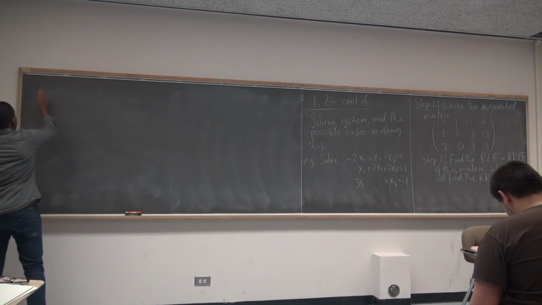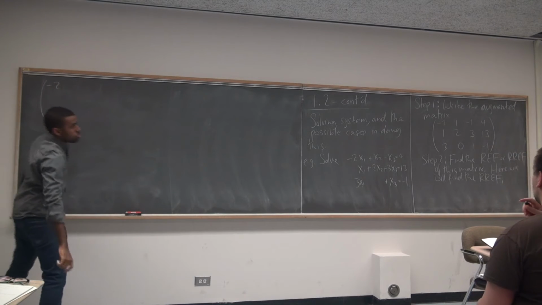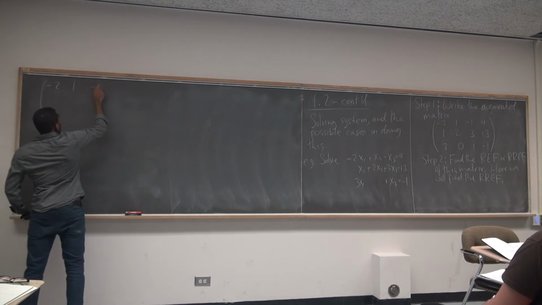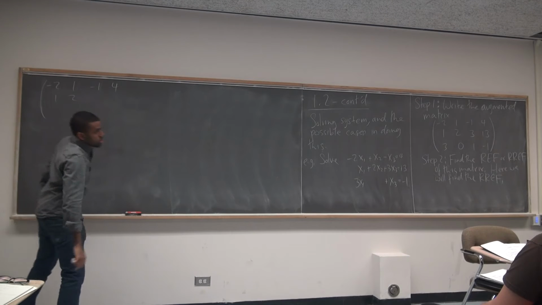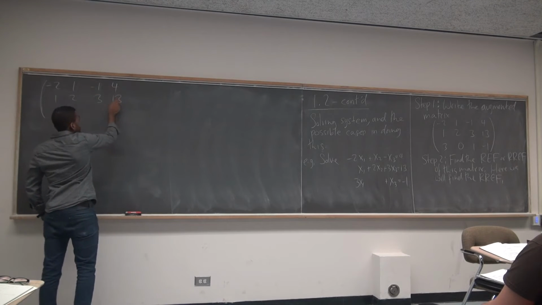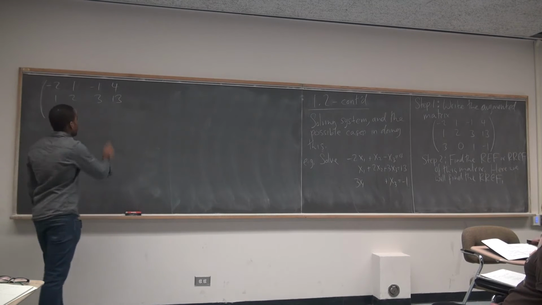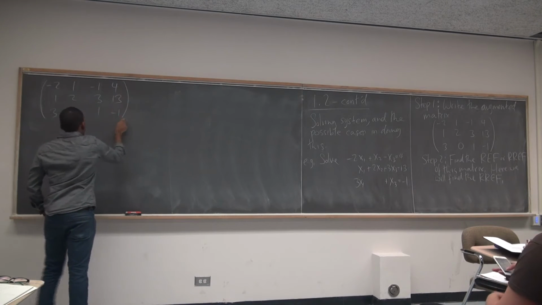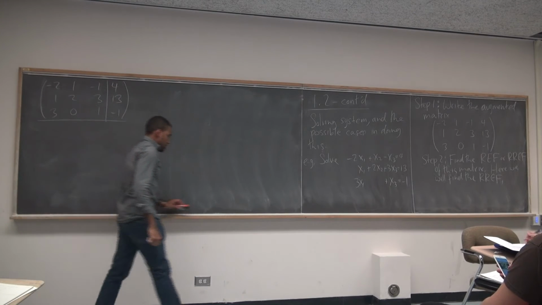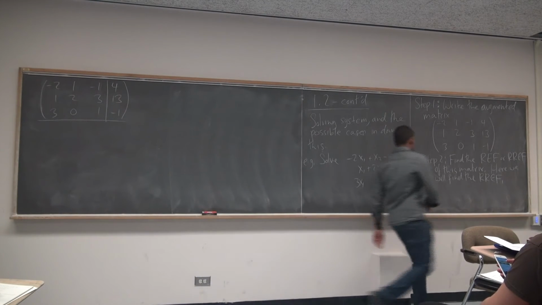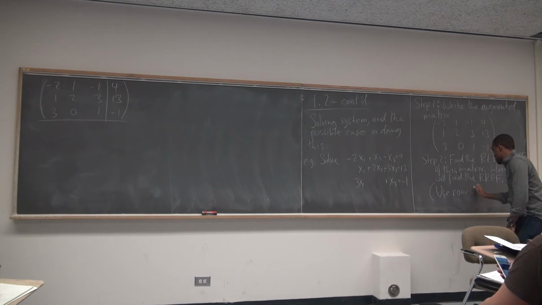So let's actually do that. And while I'm doing this, I'll state the kind of strategy that you want. The point is, you'd actually use row operations to do that.